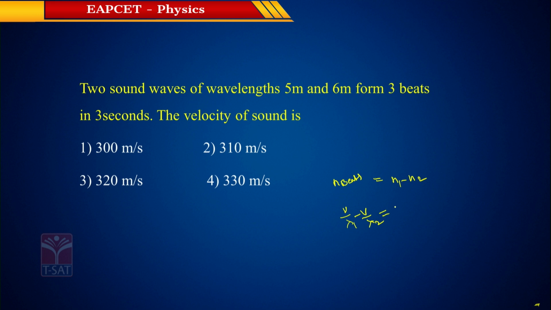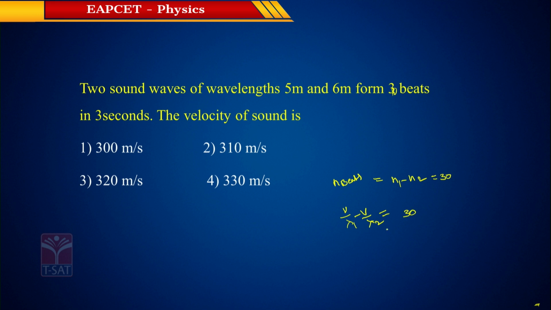Two sound waves of wavelengths 5 meter and 6 meter form 3 beats. Just to change, children, take that as 30 beats. In the question it is 30 beats. Therefore n1 minus n2 is equal to 30, so v by lambda 1 minus v by lambda 2 is equal to 30.